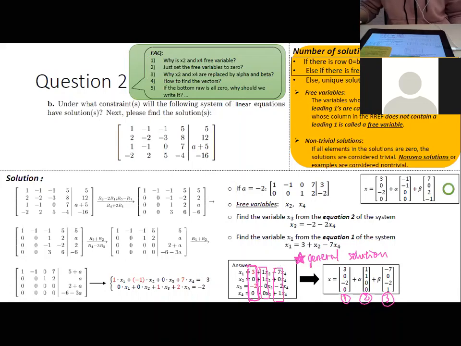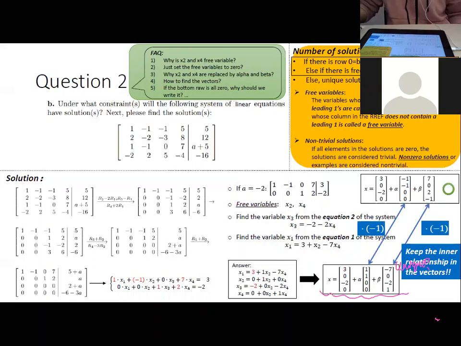And some students also have a question: is the general solution representation unique? And the answer is no. You can see the representation with a green circle. Both the representations are correct, and you can see the relationships between the vectors.